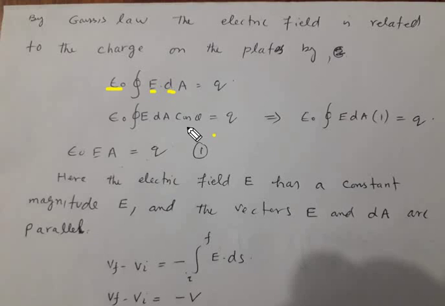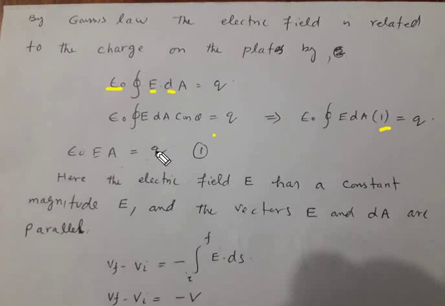Here we can see that the electric field has a constant magnitude E, and the vectors E and dA are parallel to each other, so the angle between them is 0. So cos 0 is equal to 1.